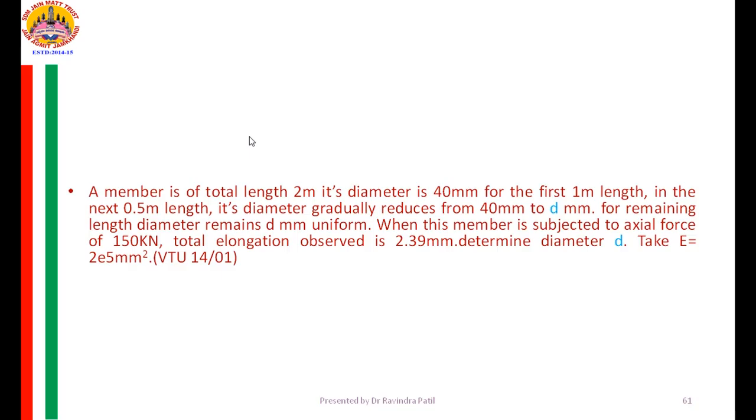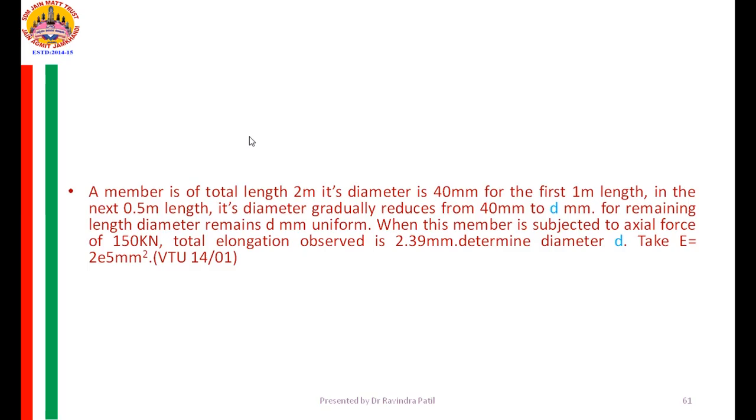For the remaining length, the diameter remains d mm uniform. When this member is subjected to an axial force of 150 kN, total elongation observed is 2.39 mm. Determine the diameter d. Yes, I will show you the figure so that the problem will be clear to you.